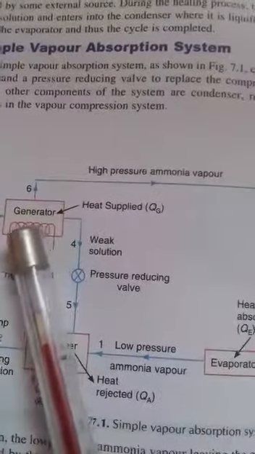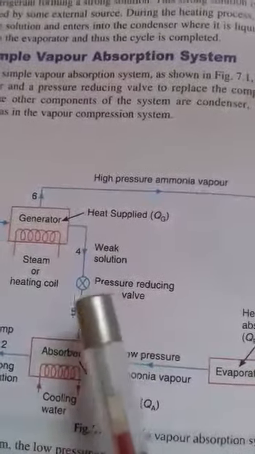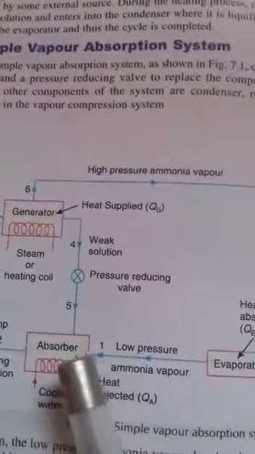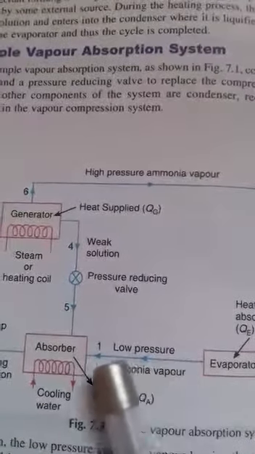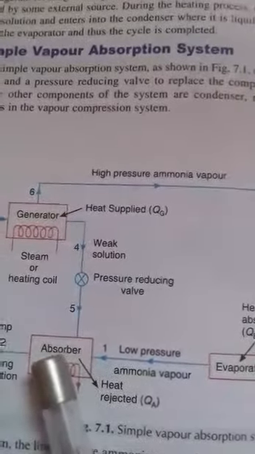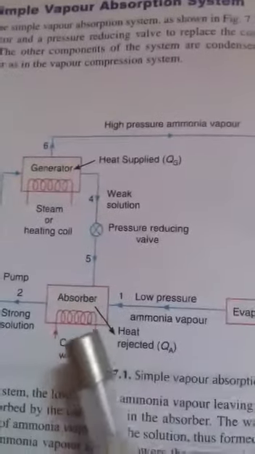The cooling water element is there to remove the heat, and then again this strong solution is pumped to the generator where it is heated externally and ammonia separates out. The aqueous ammonia solution again goes back to the absorber through the PRV, the pressure reducing valve.